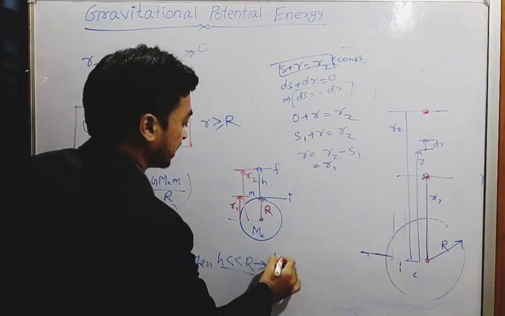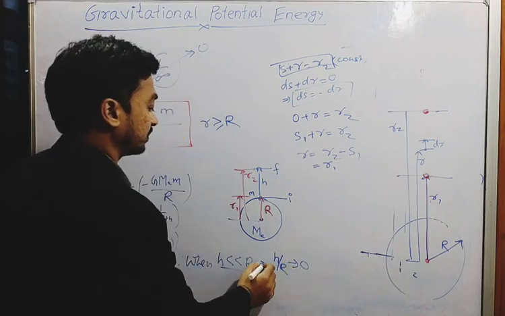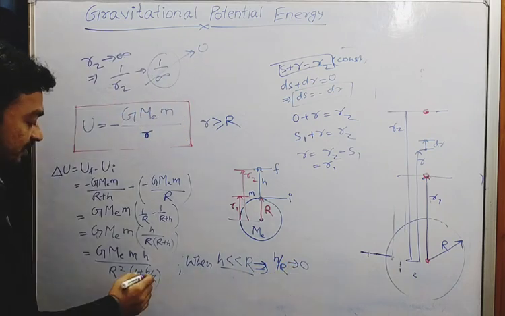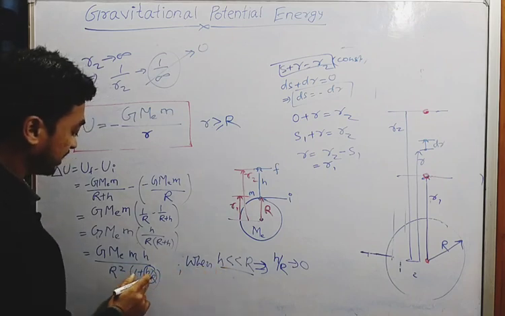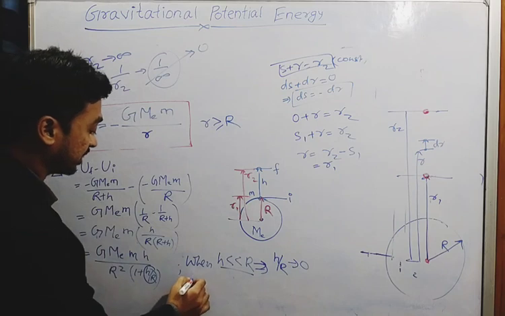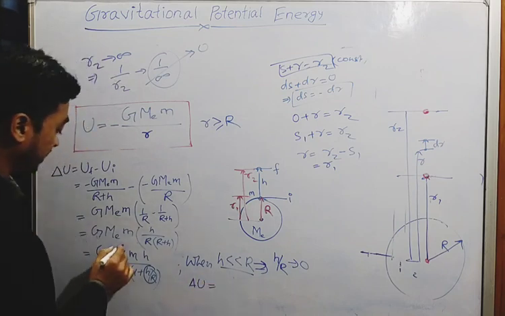So h by r will tend to 0, this term will tend to 0, and the change in potential energy will be this.